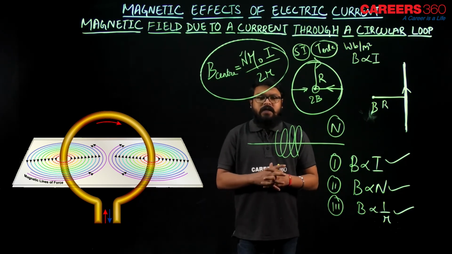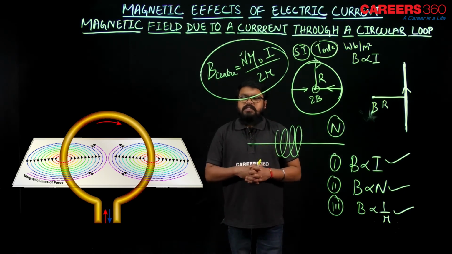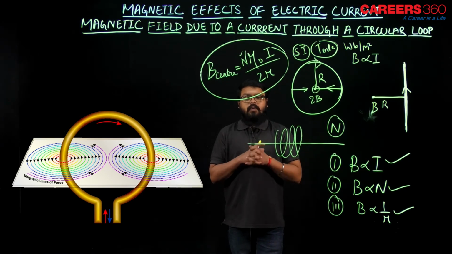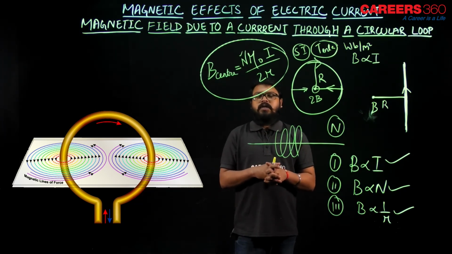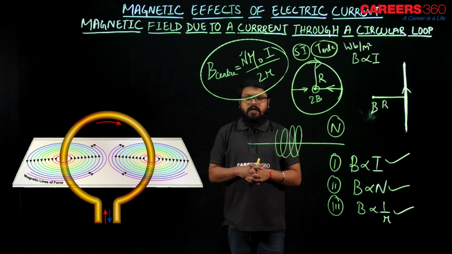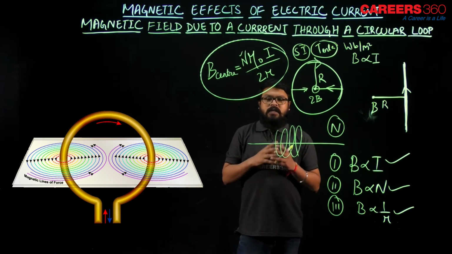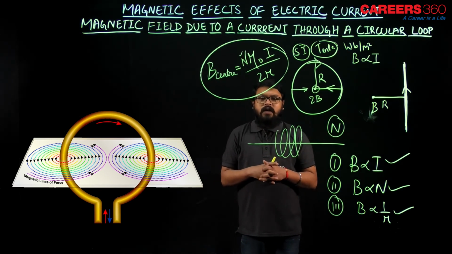So I hope you understood that the magnetic field due to a loop or a coil at the center is given by n mu naught I by 2r, where n is the number of turns or loops. If it is a single loop, then n equals 1. If it is more than 1, then you have to substitute the value of n. I hope you got that.